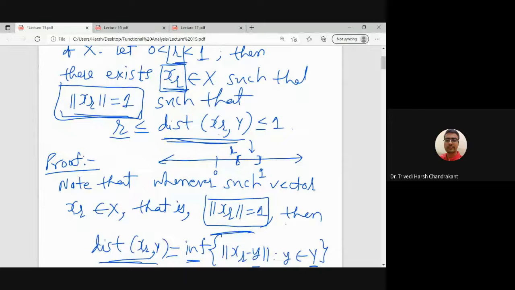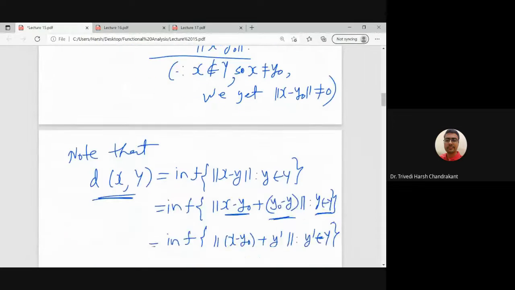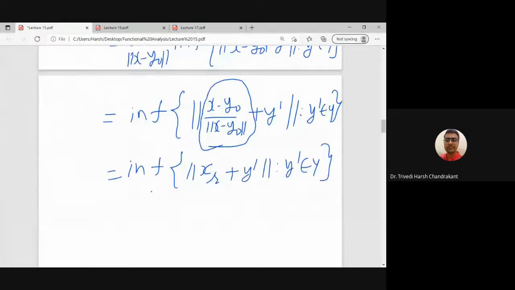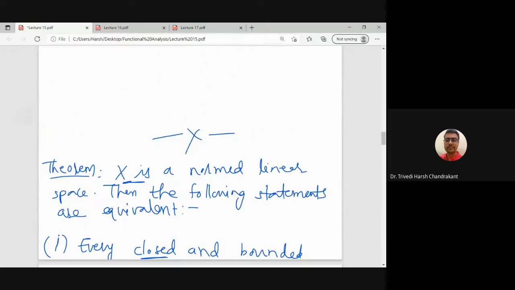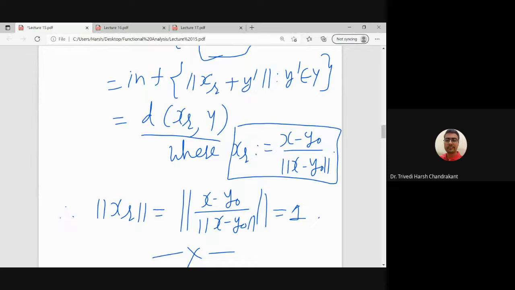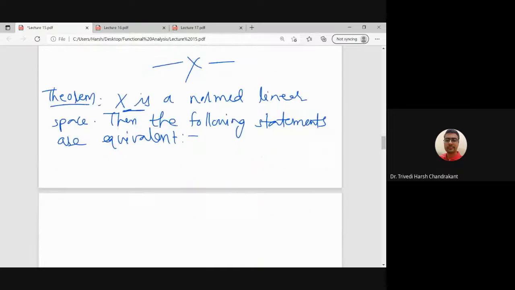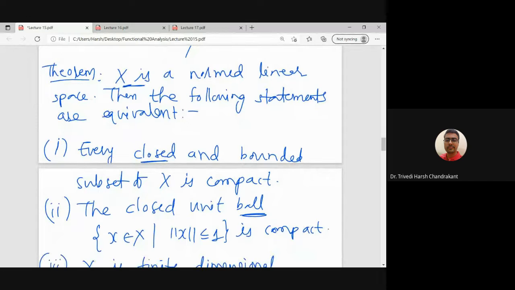This result we proved using the properties of the quotient norm as well as the property of infimum, and then we discussed one application: when the closed unit ball becomes a compact set.